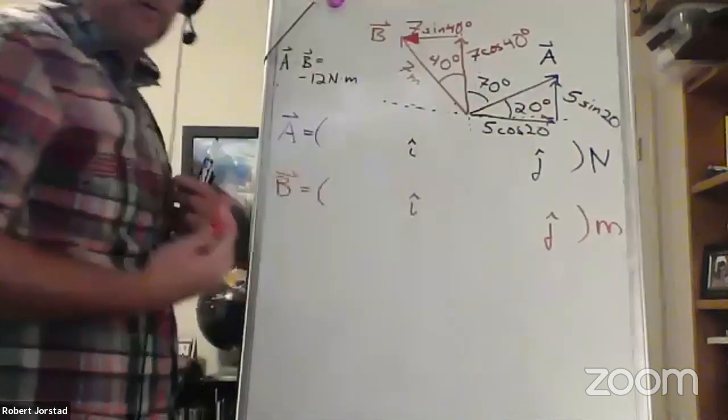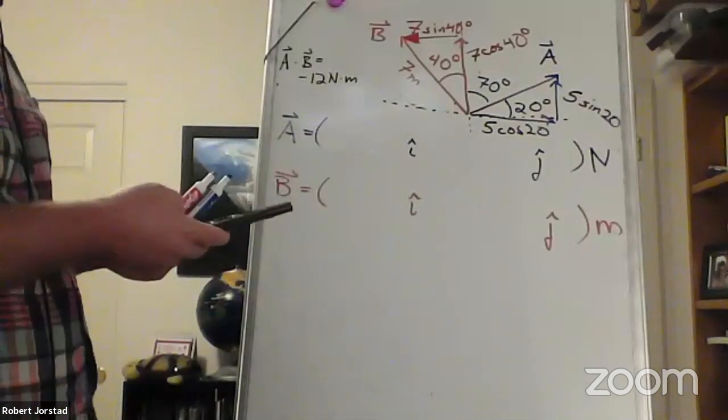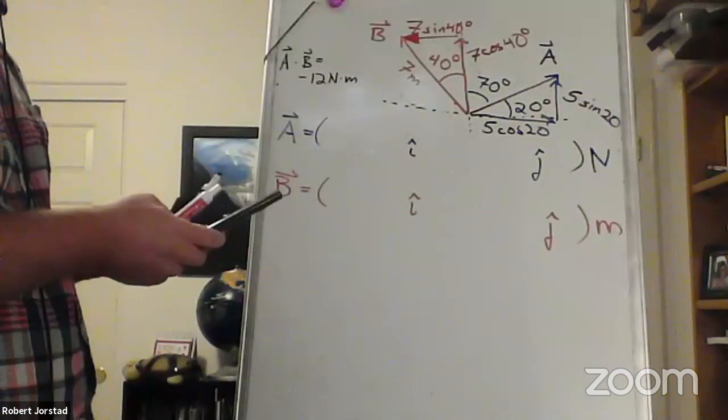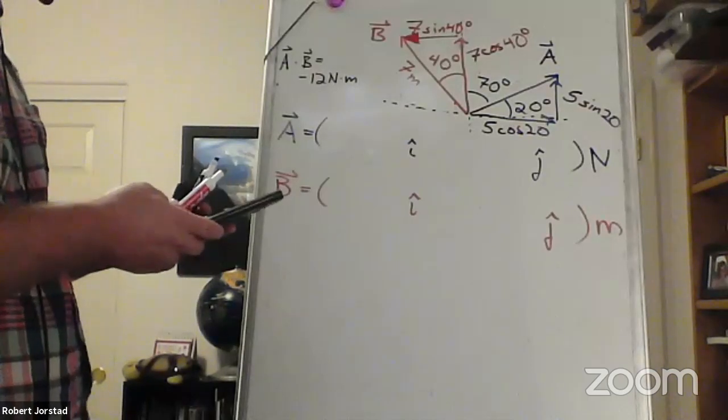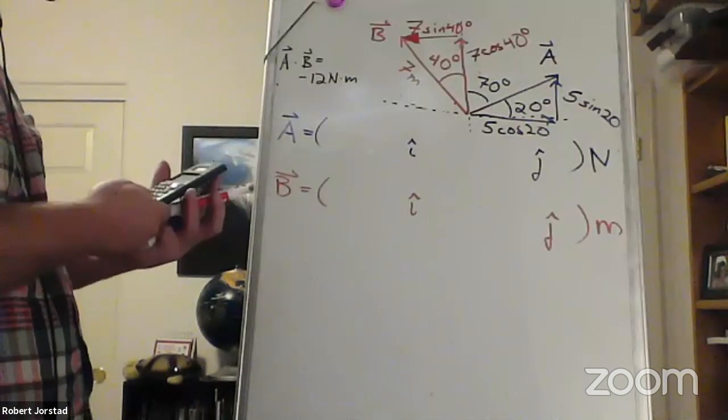Race me. Go. See if you can beat me. You probably can. So 7 sine 40, 7 cosine 40. And just keep 3 sig figs, that's plenty.